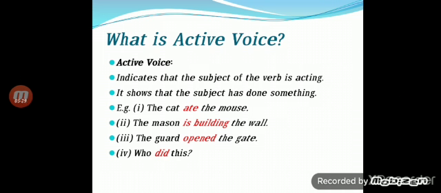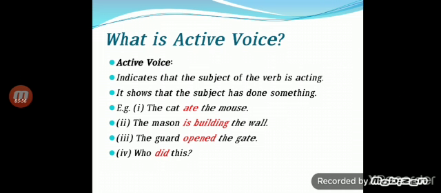The god opened the gate. Who did this? In all these examples, you can see the verbs are action verbs: ate, build, open, did. These action verbs are done by the subject.